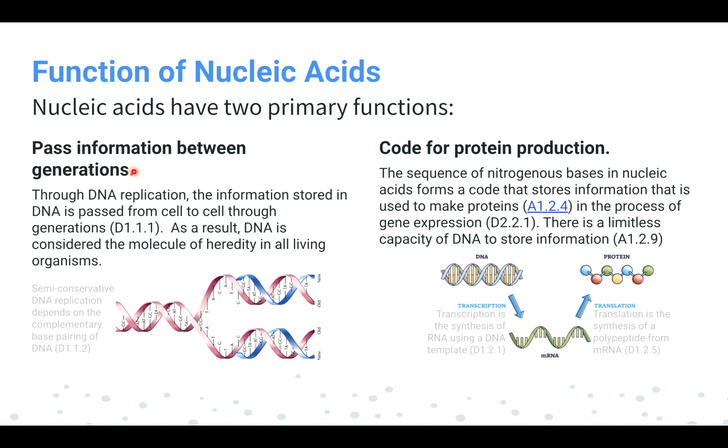Information at any point of time should not change, because if there is a change, it may cause mutation or genetic abnormality in the next generation. So it becomes a very integral process for a cell to make an exact same copy of DNA without disturbing any base sequences in the DNA.